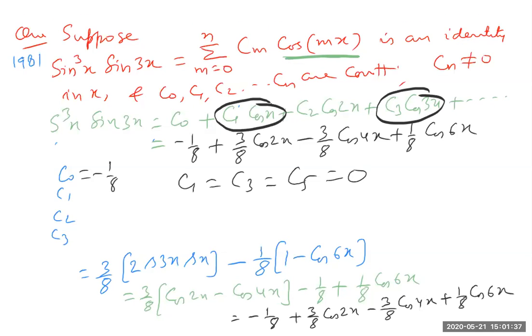On the right hand side, there is no cos x term, no cos 3x term, no cos 5x term, so they will always be 0. Now C2 will be how much? 3 upon 8. C4 is how much? Minus 3 upon 8. And C6 is equal to 1 upon 8. That is all. So we can calculate all the coefficients.